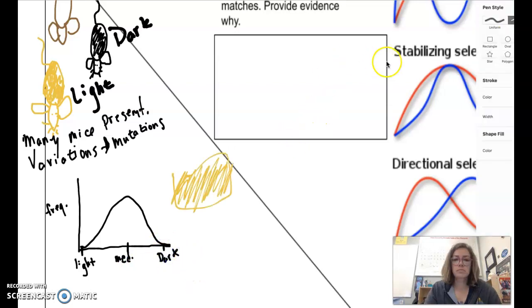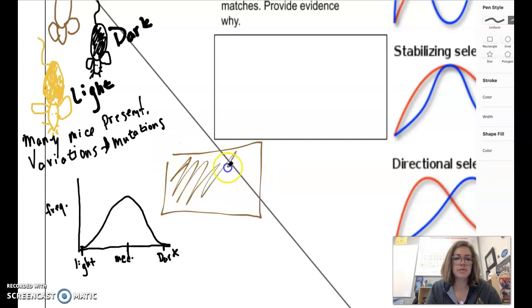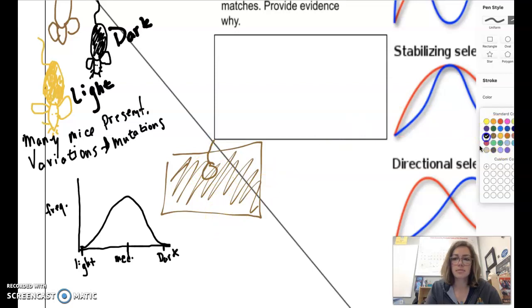But what we actually saw here, I'm going to change my color real quick. Sorry about that, guys. What we actually ended up seeing is that the population was, let's say, like I said, in some sort of a desert. And as you can imagine, the medium colored mice are going to blend in a lot better here than, say, these darker colored mice, right?